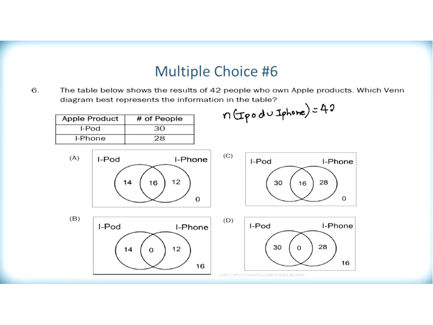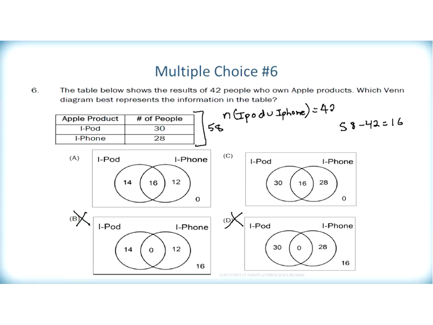Yet the table shows us that there's 58. So if we take the 58 and subtract the 42, we would get the 16, and that's what would be in the middle. That's what would be in the intersect. So in this case, this one's no good, and this one. So we have 16 in the intersect.